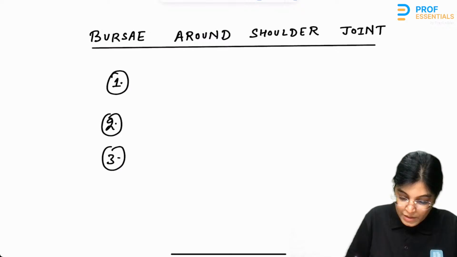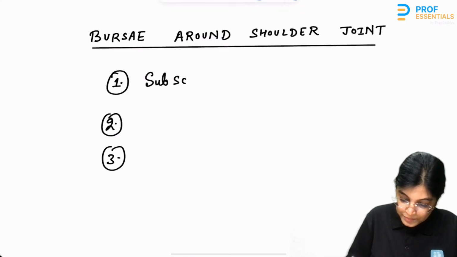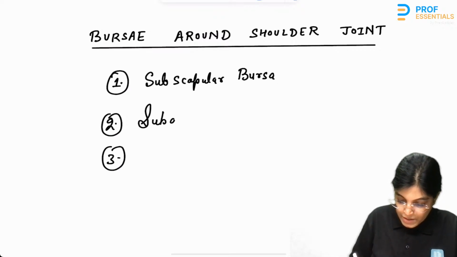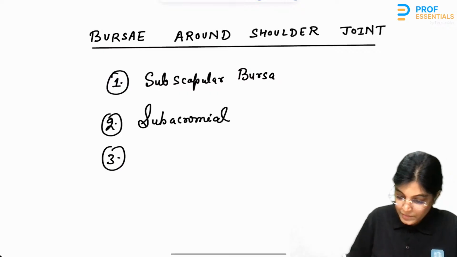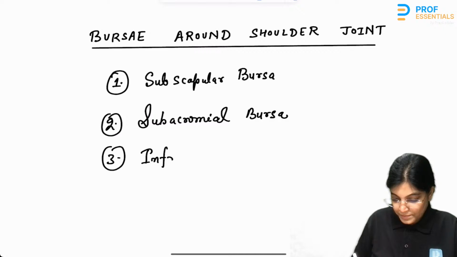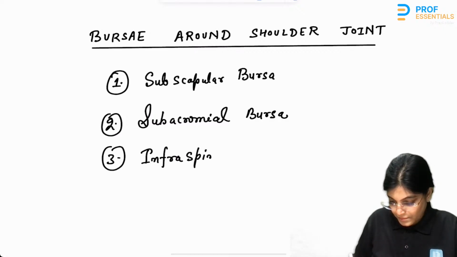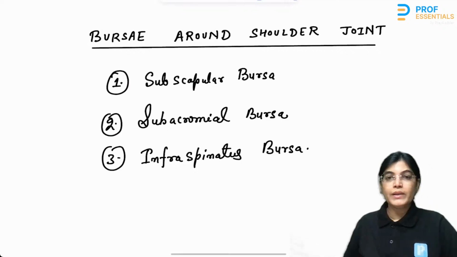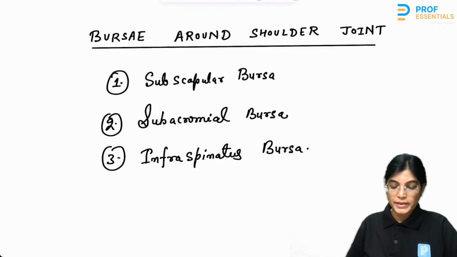We have the subscapular bursa, the subacromial bursa, and the infraspinatus bursa. Got it? So these are the three bursas around the shoulder joint.